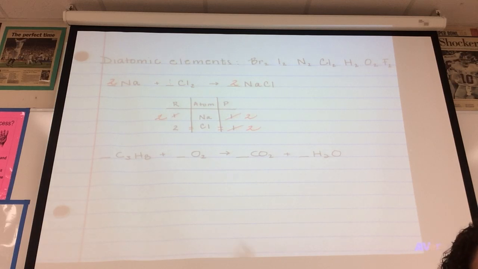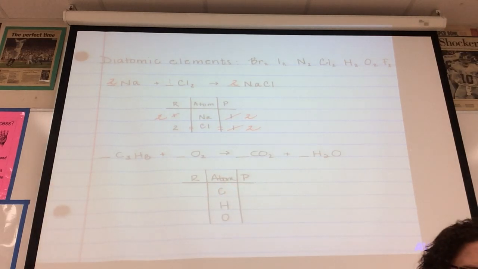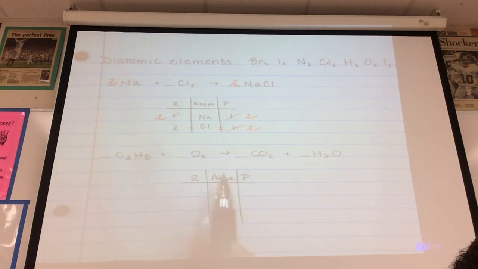In a combustion reaction, you have a hydrocarbon reacting with oxygen to generate CO2 and water. When I go to balance this, it's a little bit trickier. How many carbon on the left?